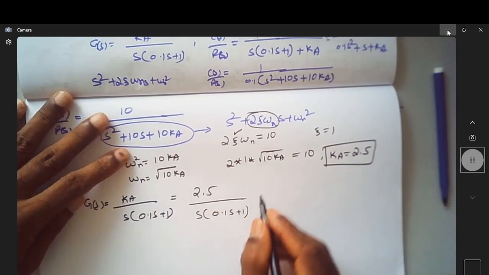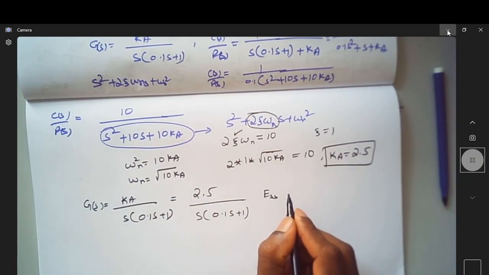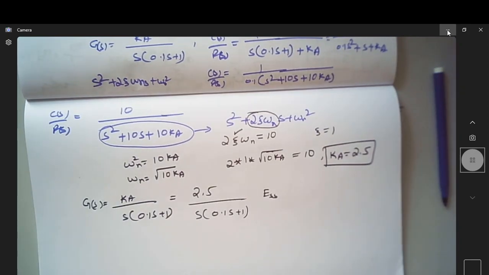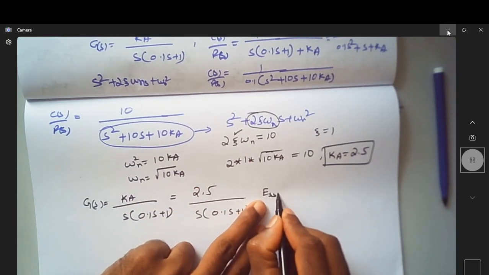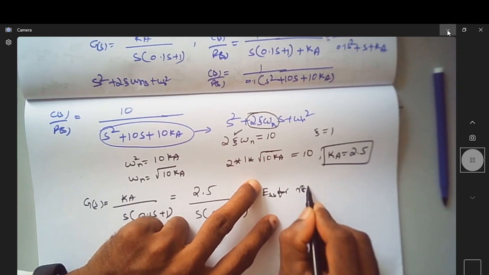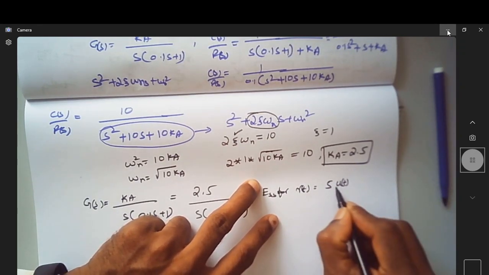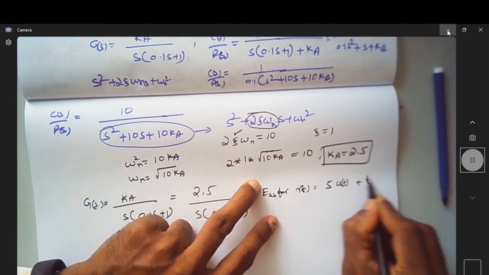Now we need to find what is ESS for R(t), which is 5 times unit step input plus ramp.